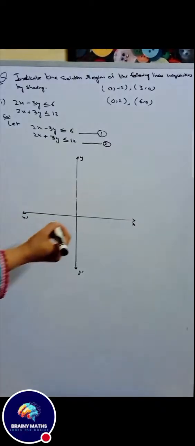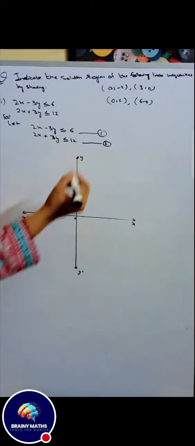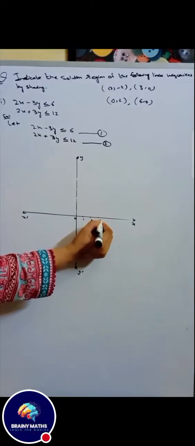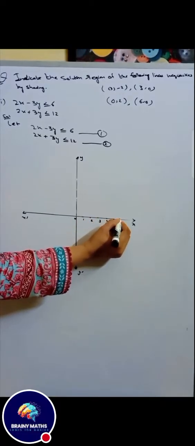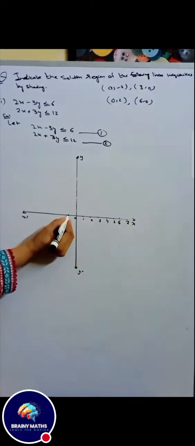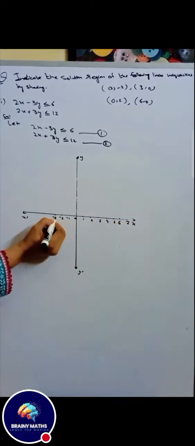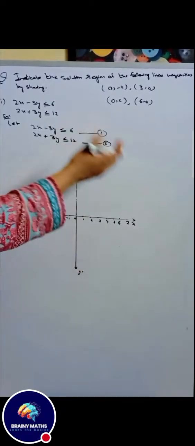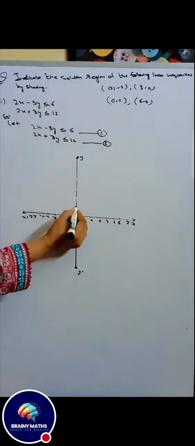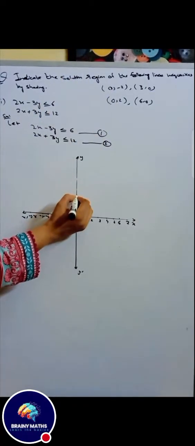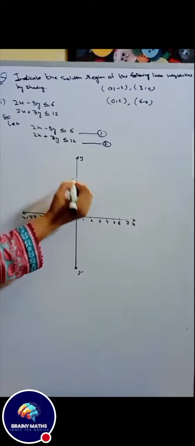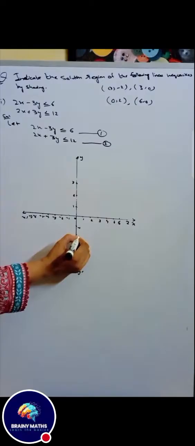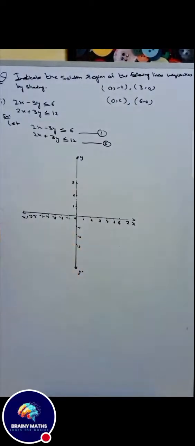Simple counting. So, this is the origin. Just write like that: 1, 2, 3, 4, 5, 6, 7. Opposite: -1, -2, -3, -4, -5, -6, -7. Now 0, -1. So I just take here 0, 1, 2, and 3. That's enough. -1, -2, -3. Simple.